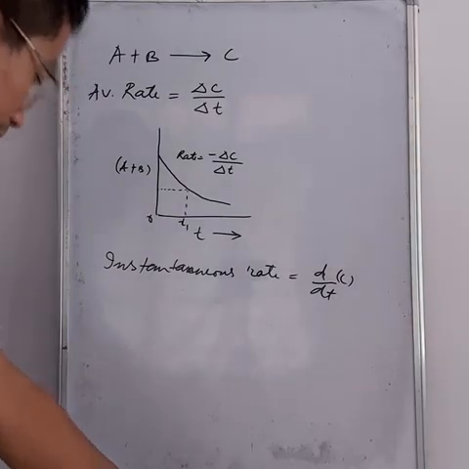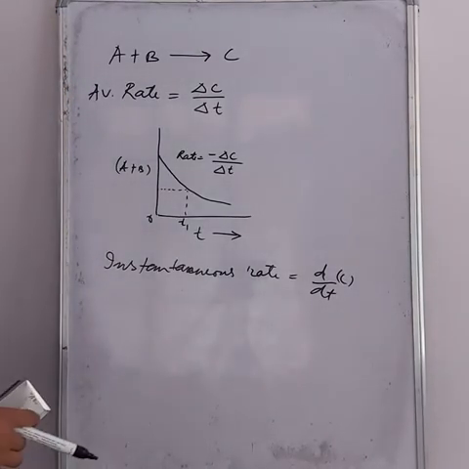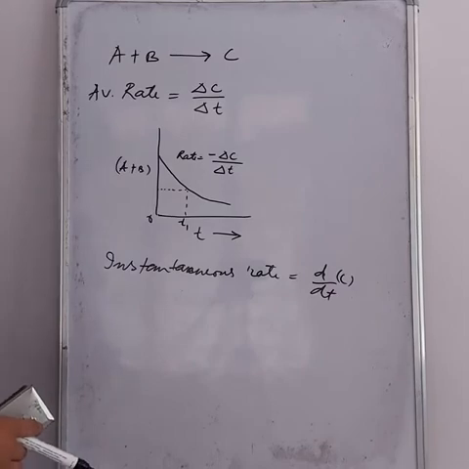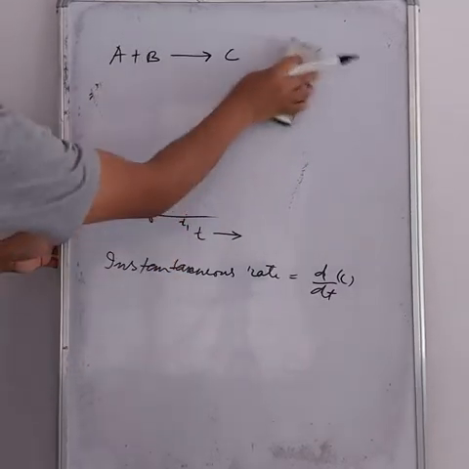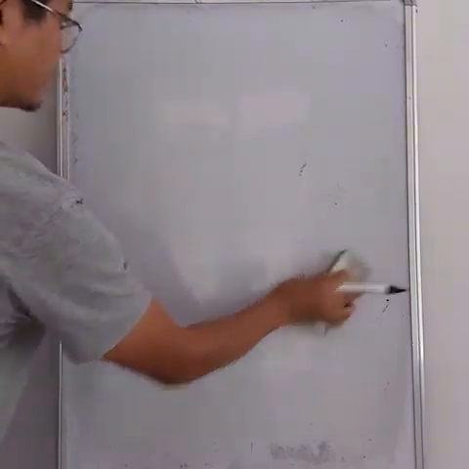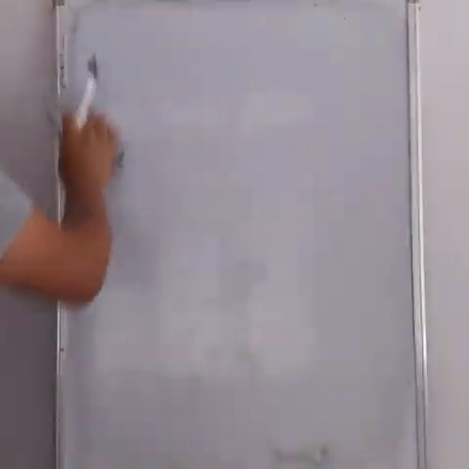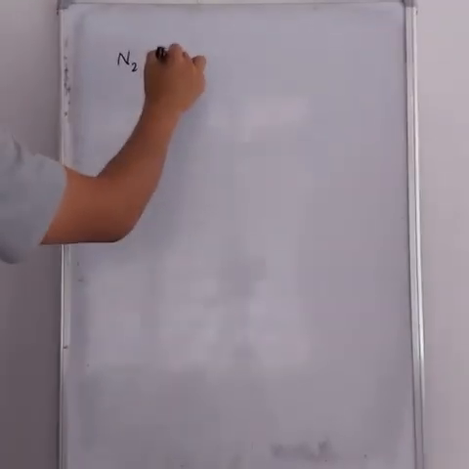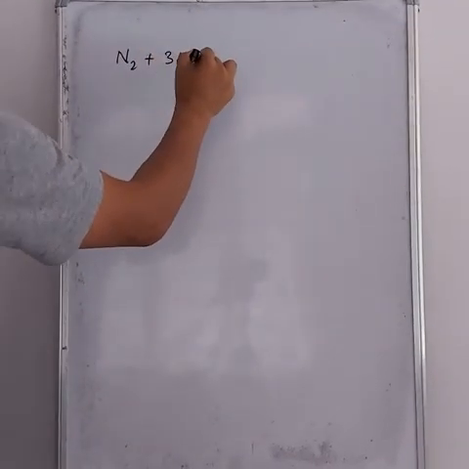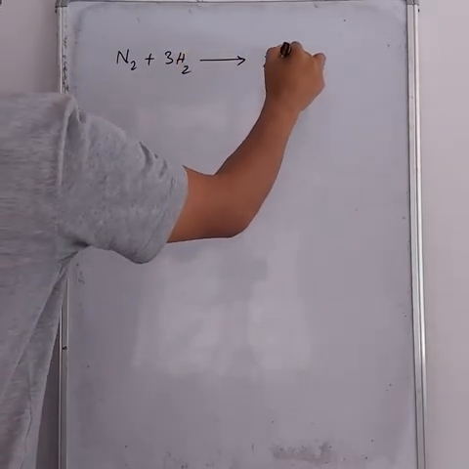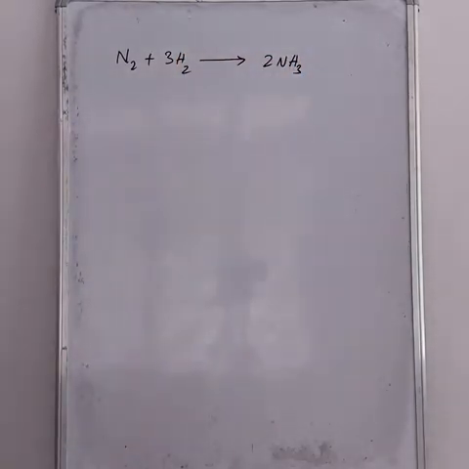So let's take an example of a reaction. Suppose nitrogen and hydrogen react to give us ammonia. How do we determine the rate?